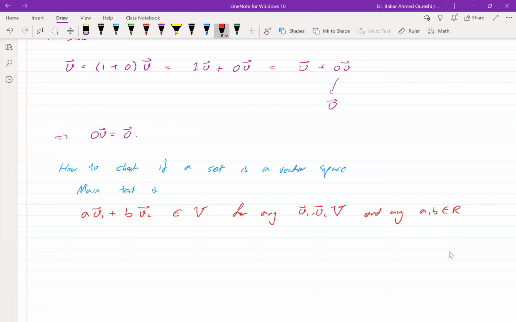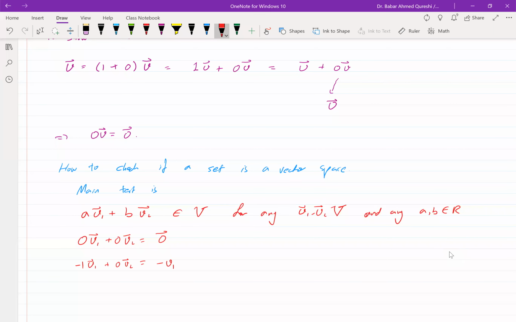Because I can choose over here this number so this will give me 0. So I will then know that 0 exists. I can choose A to be 1 and B to be, for example, A to be -1 and B to be 0.